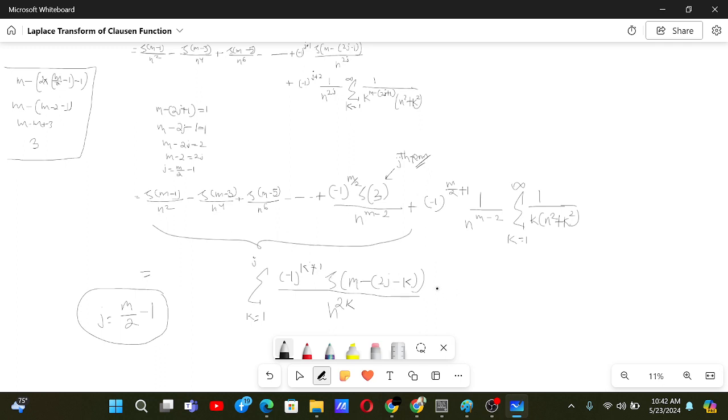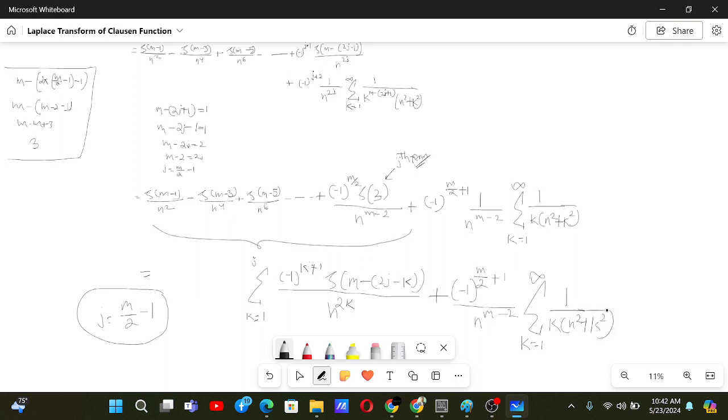And now the last part we need to evaluate will close up our solution. It is n to the power m minus 2 times the sum from k equals 1 to infinity of 1 by k times (n square plus k square).